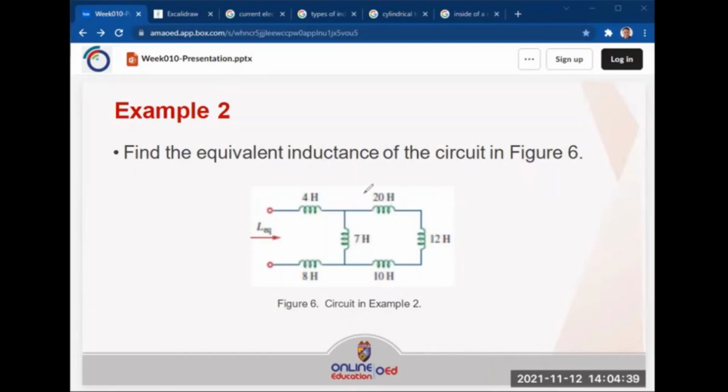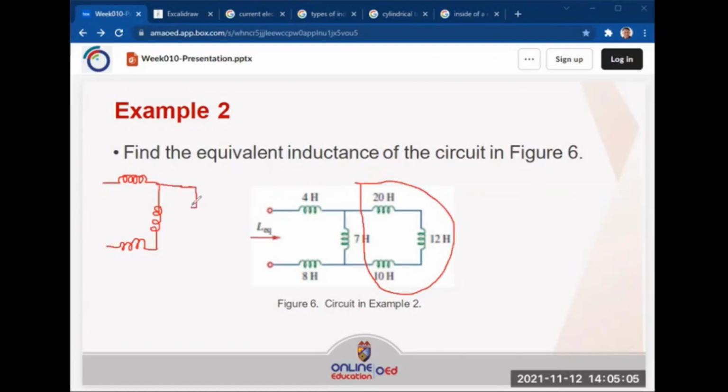We have a branch here, and we have 3 series inductors. So we have 4, we have 7, we have 8. Then these 3 will be in series.